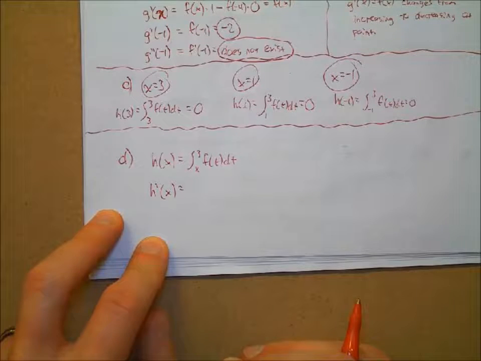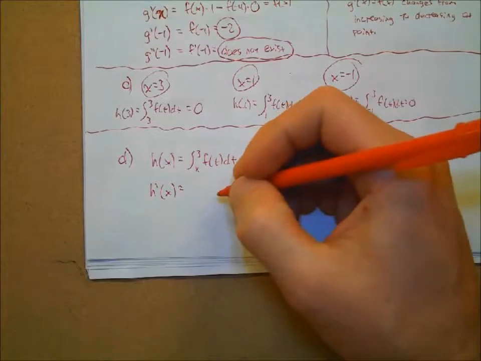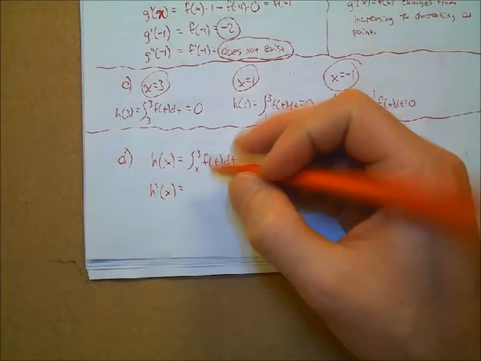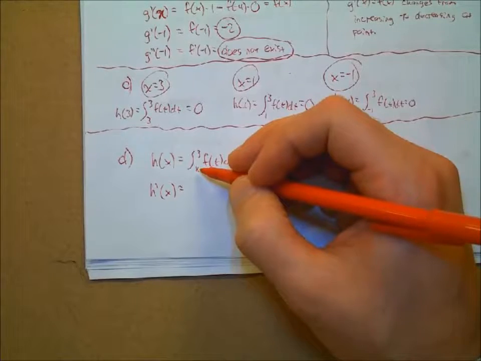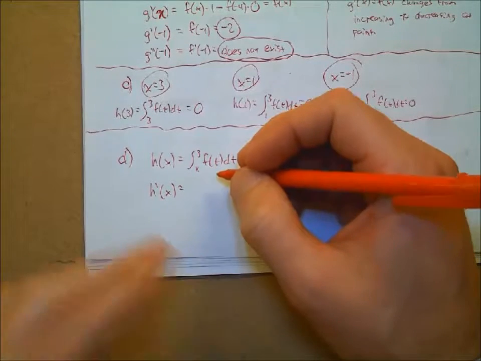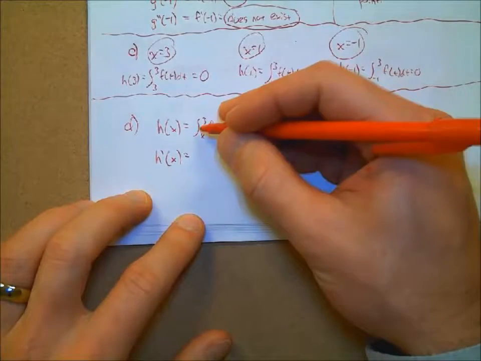It won't be f of x. It will be negative f of x. Exactly right. Let me show you the steps here, okay? And it has to do with where our variable is. It's the lower limit of integration. Remember, we always subtract the lower limit of integration. If I just do the second fundamental theorem of calculus, you'll see it show up, right? So if I take the derivative of this integral, the 3 gets plugged in.